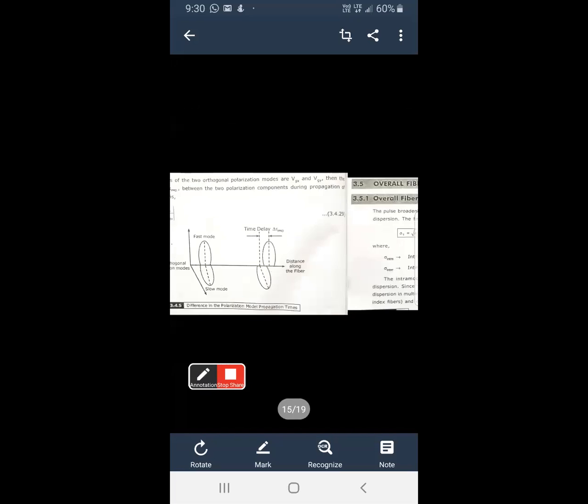Finally we can obtain the overall fiber dispersion. For the overall fiber dispersion, you must add both intermodal dispersion and intramodal dispersion.